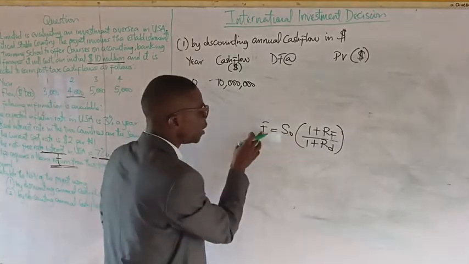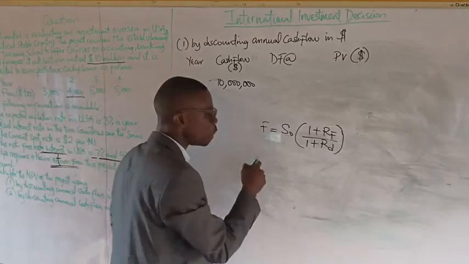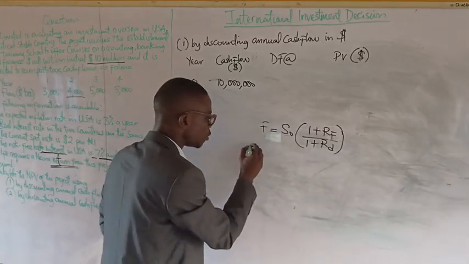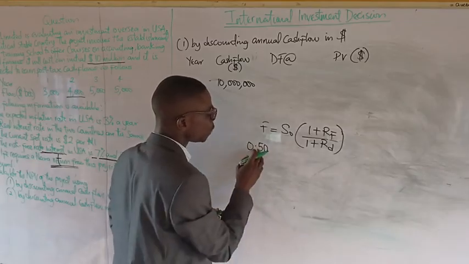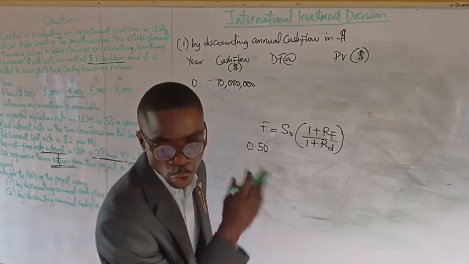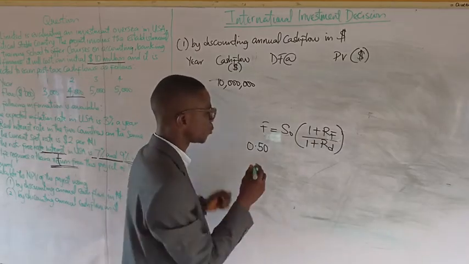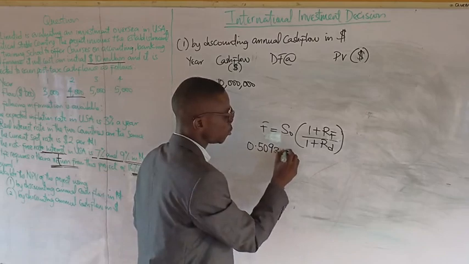So what I just said is that the forward spot rate for year 1 is what? 0.50 what? Someone should call it. We calculated it now. 93, I think so.